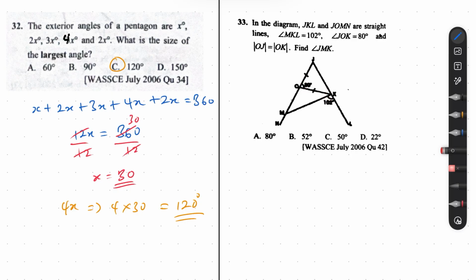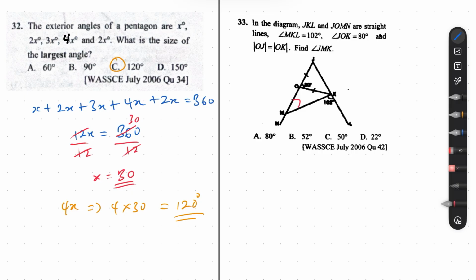Now they are saying that OJ, which is this line, and OK, this line, are the same in magnitude. The question is asking us to find angle JMK, that is this angle.